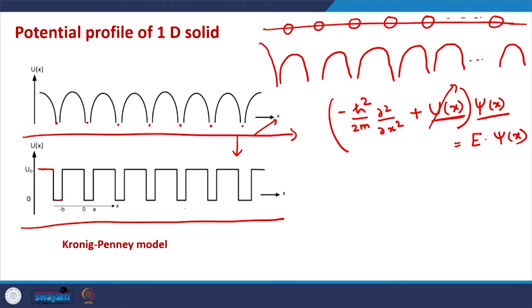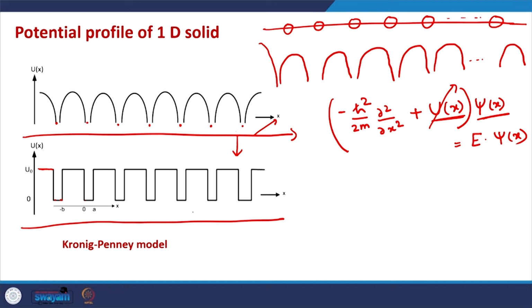So, this is not exactly the same profile as is there in 1D solids, but this resembles quite well the profile that is there in the 1D solids, and it turns out that this profile captures the most essential characteristics of electrons in solids.